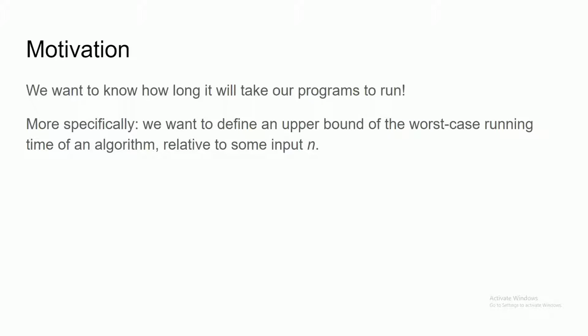We are looking specifically for an upper bound of the worst case runtime because if we can accommodate, through hardware, the worst case runtime of an algorithm by accommodating the upper bound that we find, we will be accommodating every other case in which the given method or function or algorithm will run.